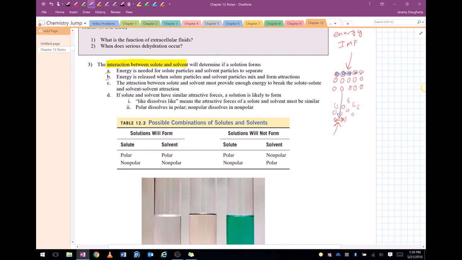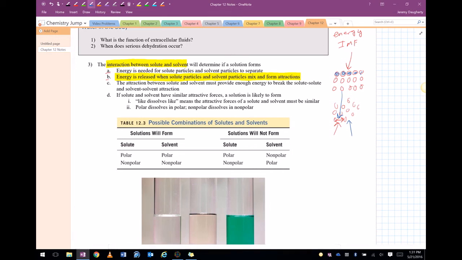It needs to fit right in there. So we need to separate the solute and the solvent, and for both we need to put energy in. Bond breaking is endothermic, so we always have to put energy into a bond in order to break it. Bond making is exothermic, and so that's our next step: we release energy when the solute and solvent mix and form a force of attraction.